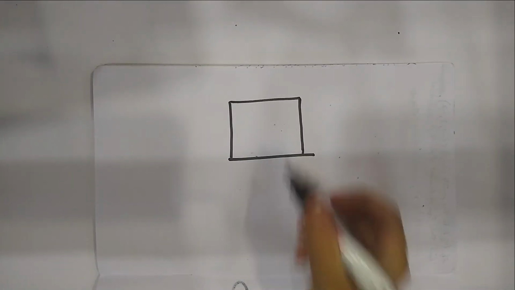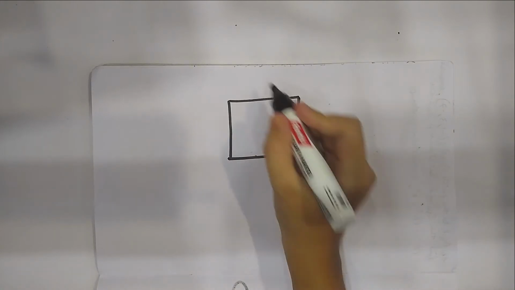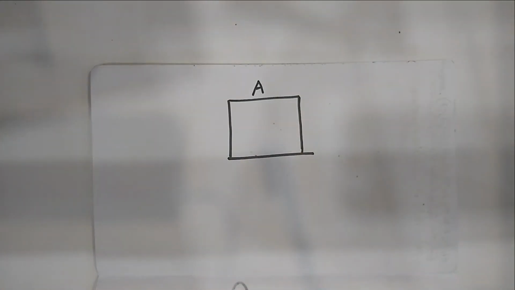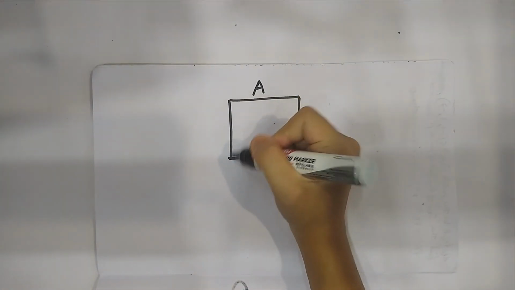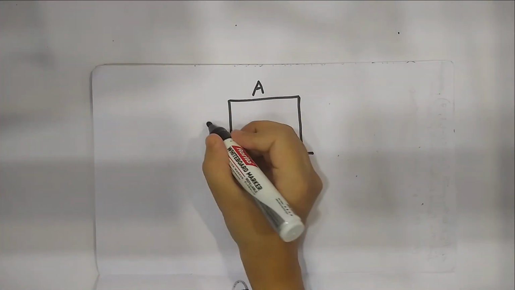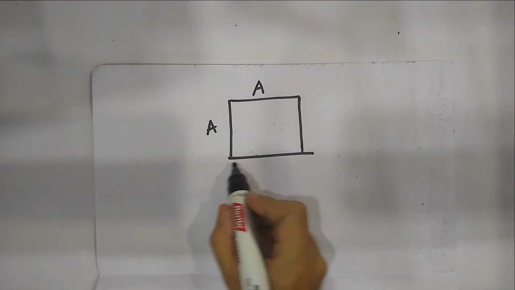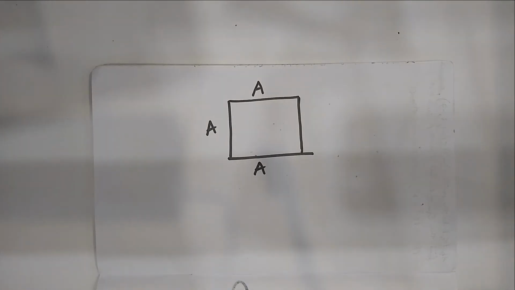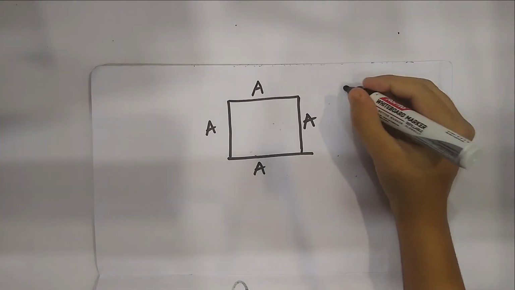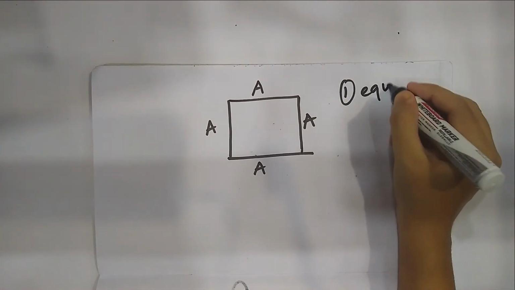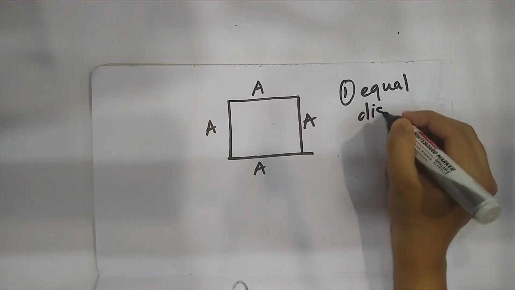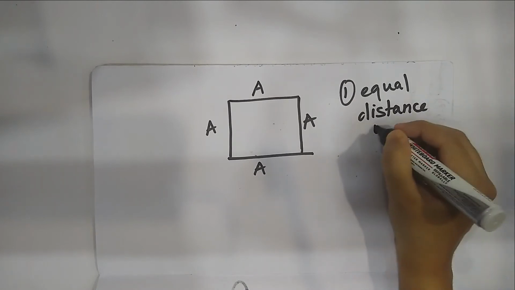That is, if the distance of this side is suppose A, alright, then the distance of this side should also be A, the distance of this side should also be A, and then the distance of this side should also be A. So all the four sides of a square have equal distance. So this is one of the properties, alright. So the first property is equal distance of sides.